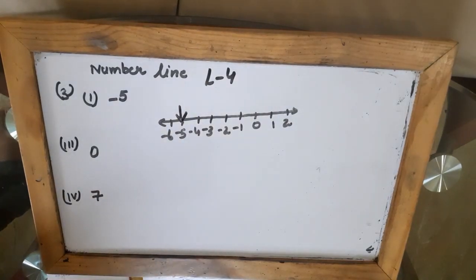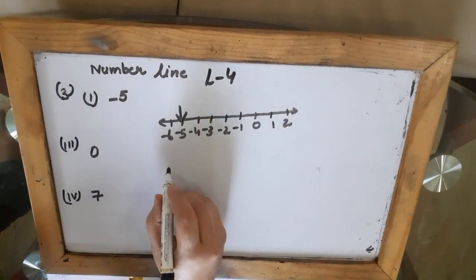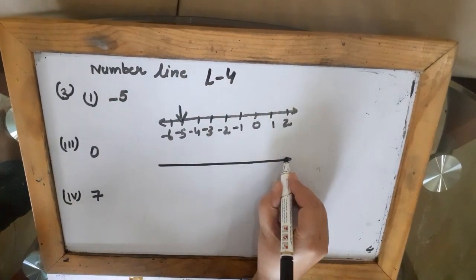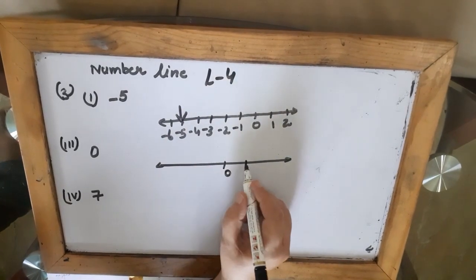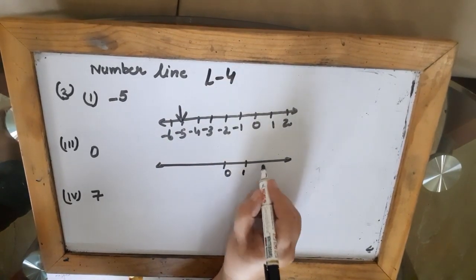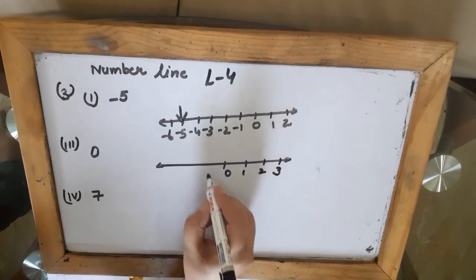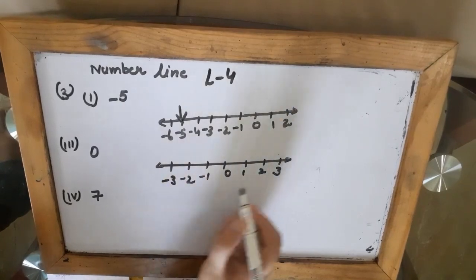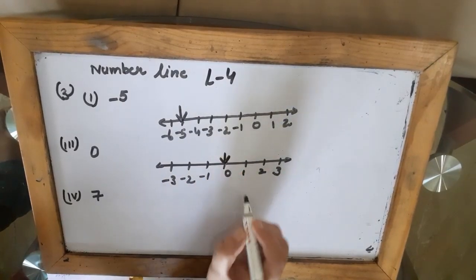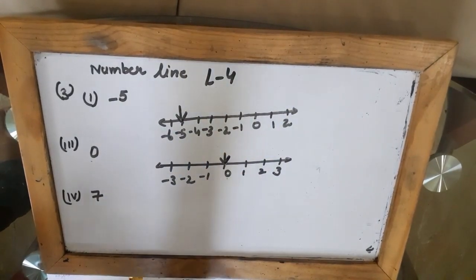So they are asking you to mark the integers on a number line. So here is minus 5. And the third part is to show 0. Where is 0? I said it is in the center, to the right are positive numbers and to the left are negative numbers. So here is 0. They asked you to indicate 0 on the number line, so this is 0.